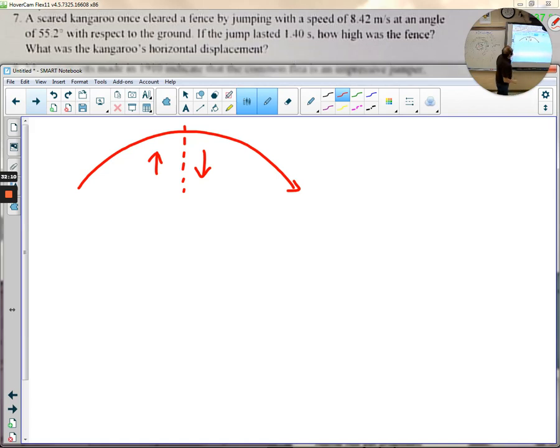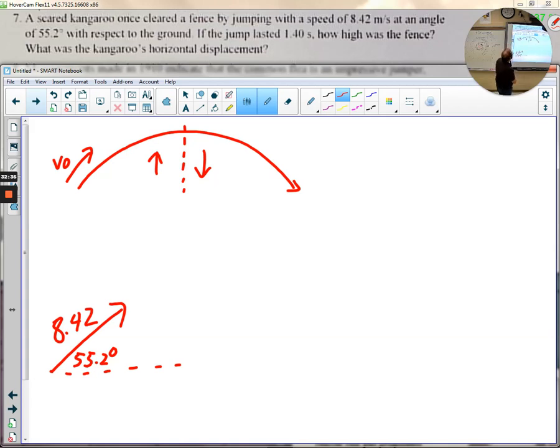But let's talk about some other things we know here. He jumped at the speed of 8.42 meters per second, so we get his starting v0 right here, 8.42, and an angle of 55.2. So we also know this starting angle right here, 55.2 degrees.